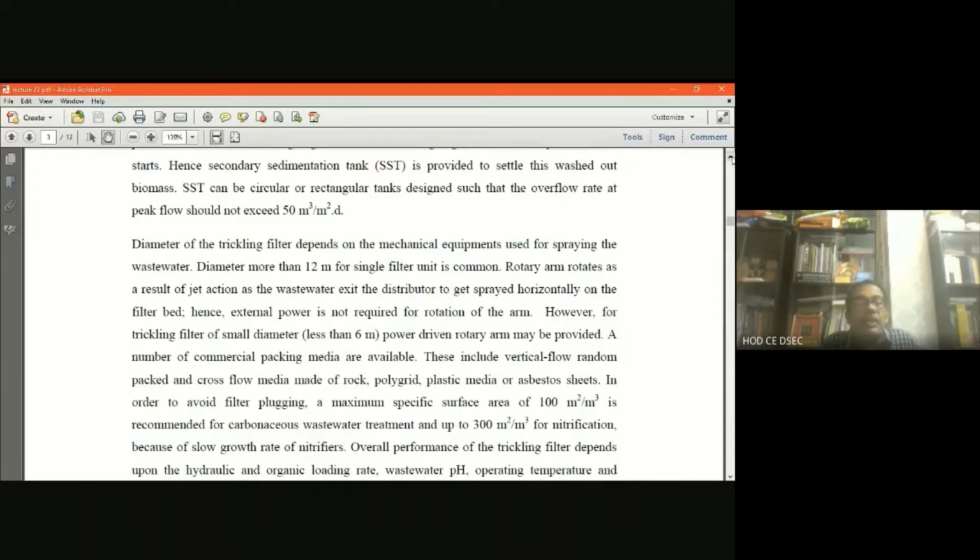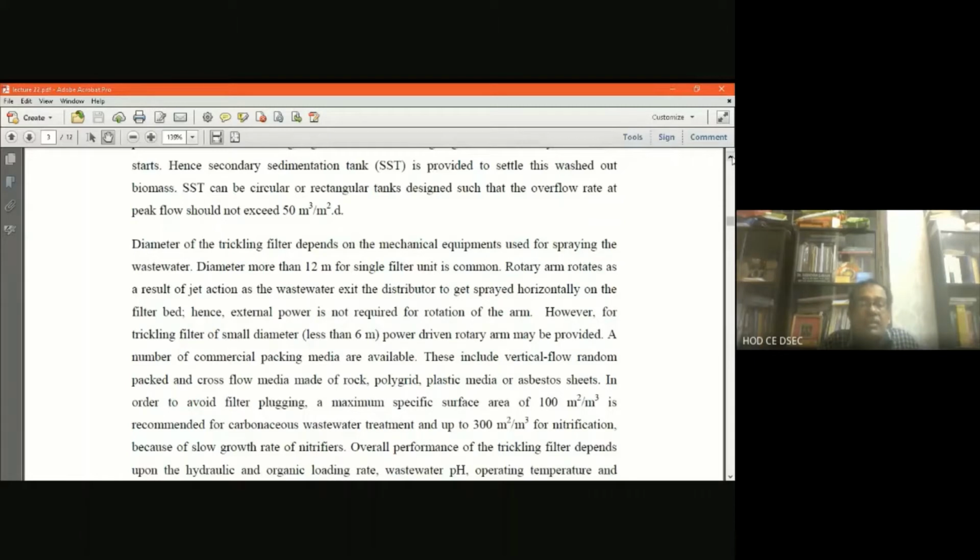A rotary arm rotates as a result of the jet action, so no external power is required for rotation of the arm. With the jet action the wastewater exits the distributor and spreads horizontally. However, for a trickling filter of small diameter, sometimes external power may be required for rotating the arms.